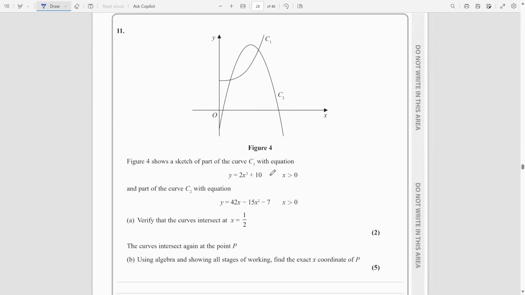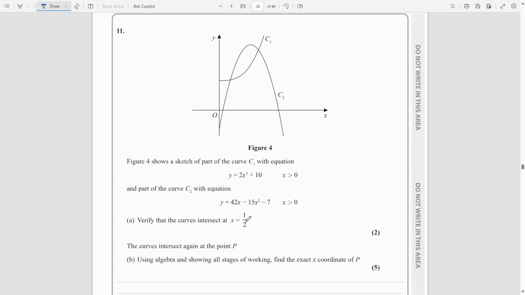Question 11. Figure 4 shows a sketch of a curve C1 with equation y equals 2x cubed plus 10, just for positive values of x, and curve C2 has the equation 42x minus 15x squared minus 7, also for positive values of x. Verify that the curves intersect when x equals a half.